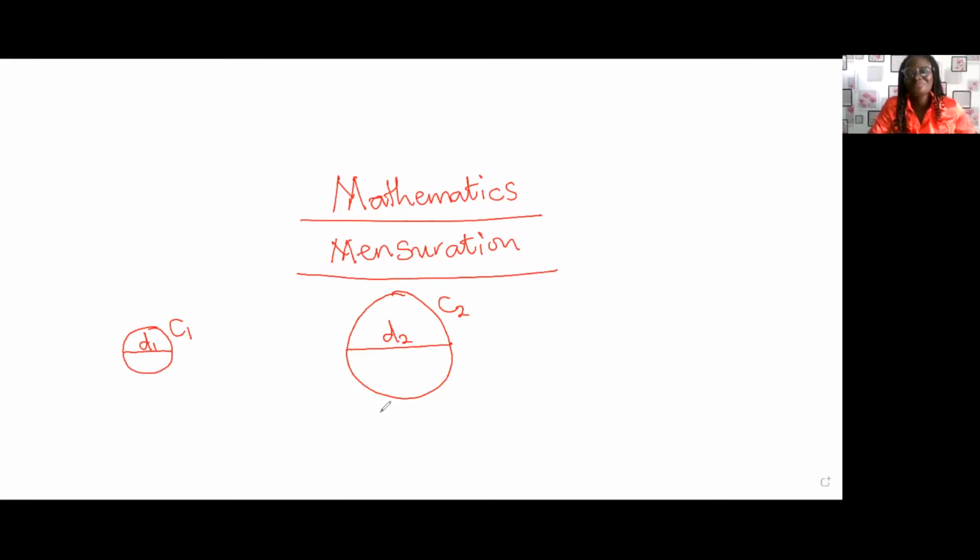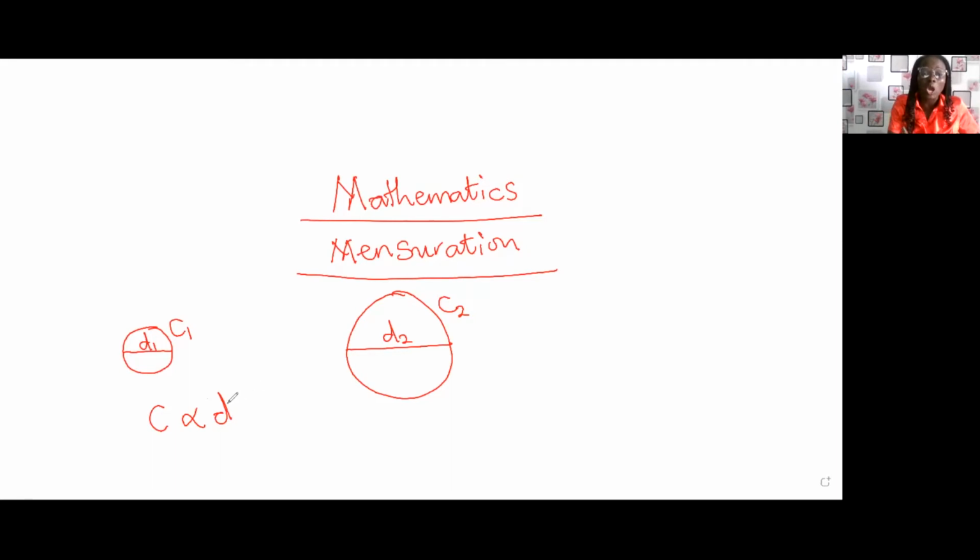Why? Good. Because it is bigger than the first one. So we can conclude that the bigger the circle, the larger its diameter. And so with this, we can say that C is directly proportional to D, where C is the circumference of a circle and D is our diameter.